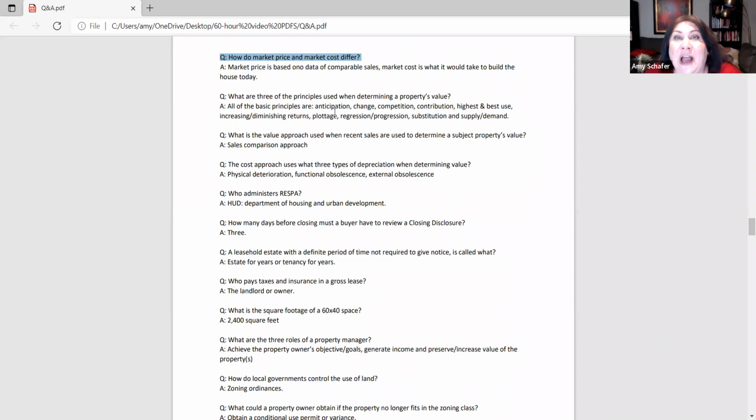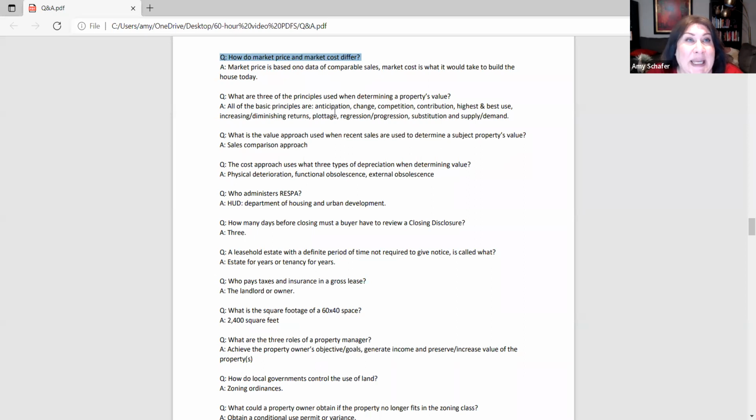What if the local manufacturing plant closes, though? That could cause values to dip. So when a seller asks when's the best time to sell, the local manufacturing plant is closing now before everybody else finds out. Change is the idea that properties deteriorate over time if they're not maintained.